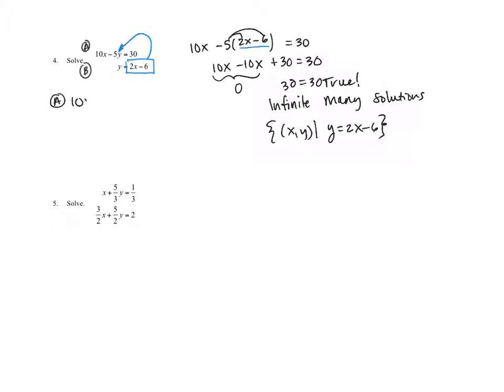Look at this first one, 10x minus 5y is equal to 30. If we solve that for y, we'll subtract 10x from both sides and then divide through by negative 5. We would get y equals 2x minus 6, and that is the same as what was given in equation 2. They're the same exact line.